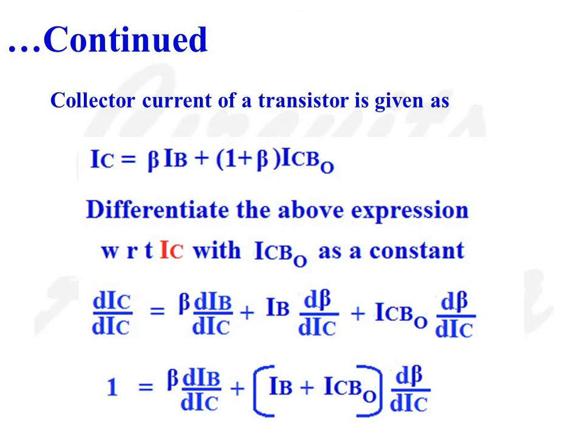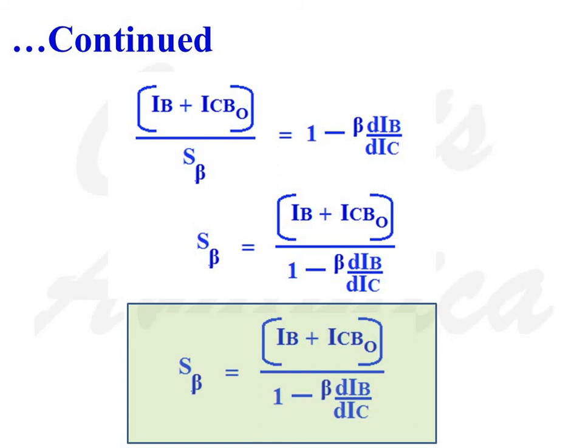So we will get 1 is equal to beta into dIB by dIC plus IB plus ICBO into d beta divided by dIC. Rearranging the terms, we will get S beta is equal to IB plus ICBO, the whole divided by 1 minus beta dIB by dIC.